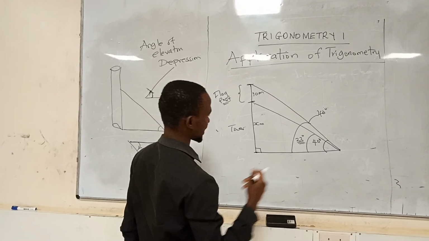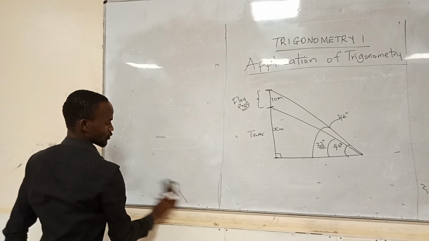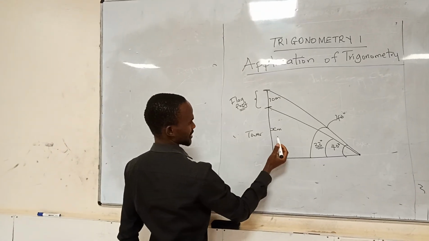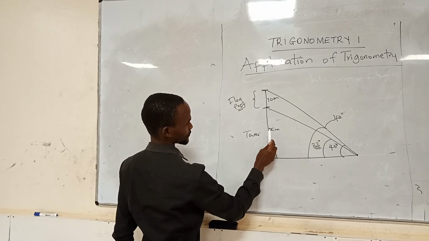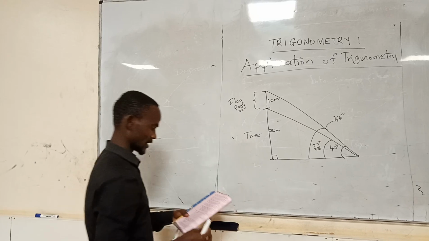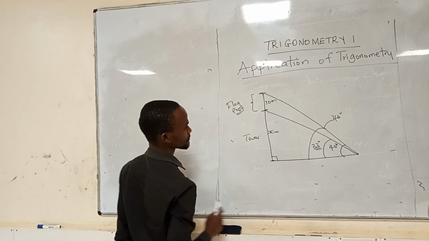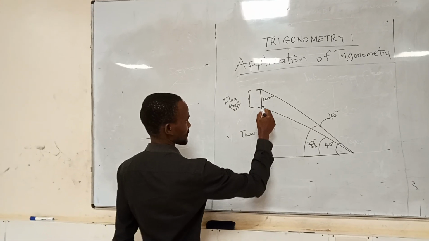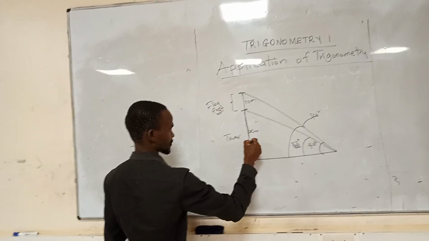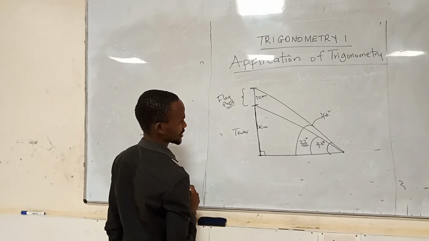So if we apply trigonometry, we want to see the representation of that particular side. Now we have this side as x meters.